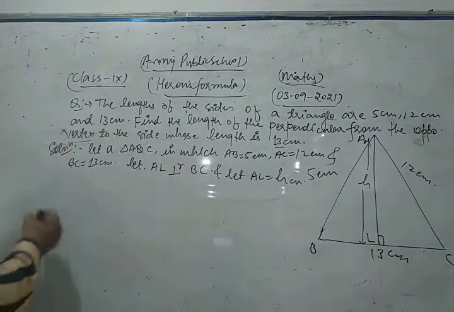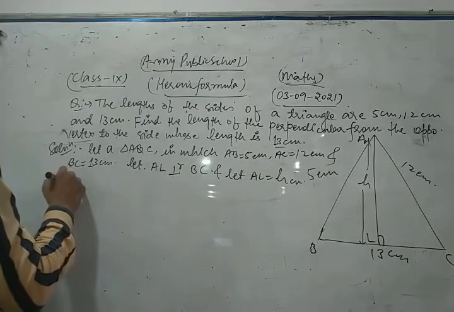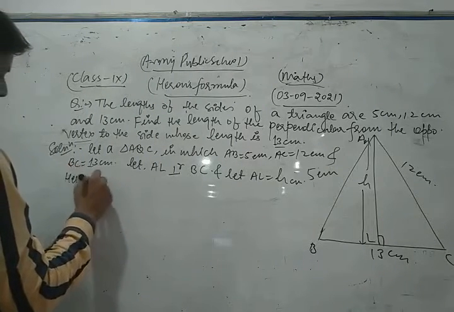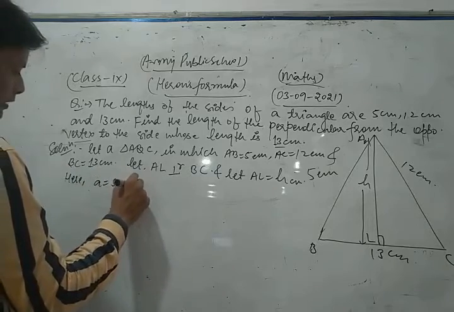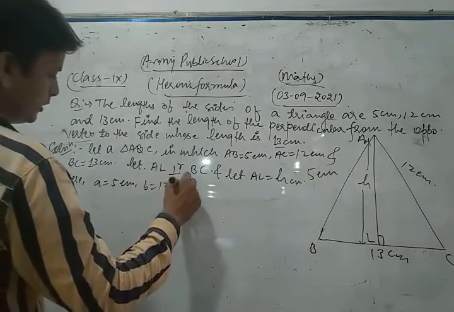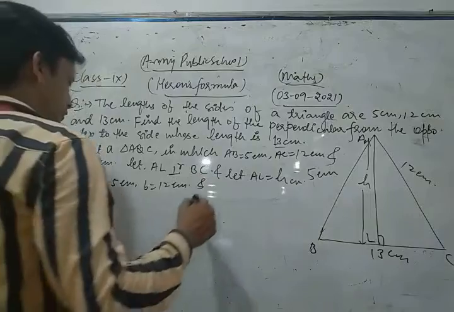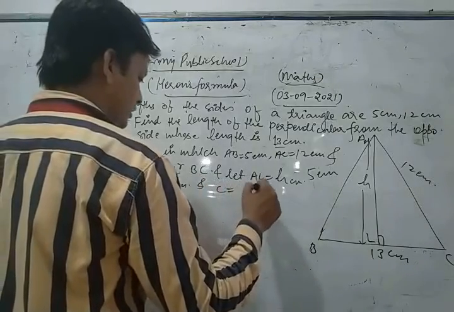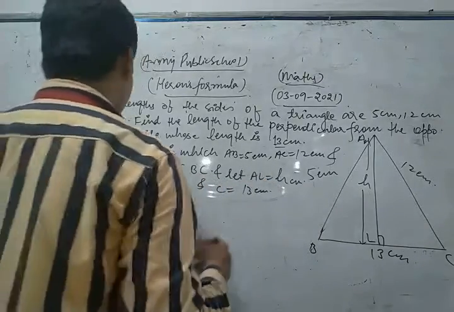Here we take a as 5 centimeter, b as 12 centimeter, and the third side c as 13 centimeter.